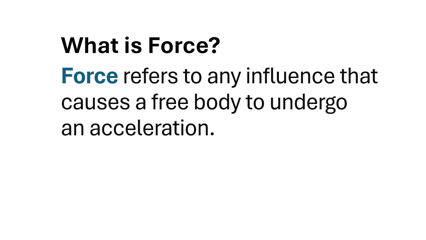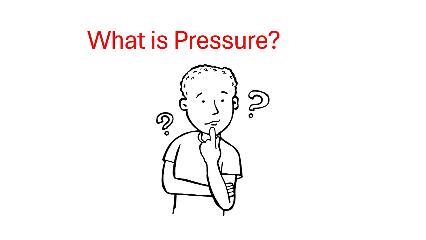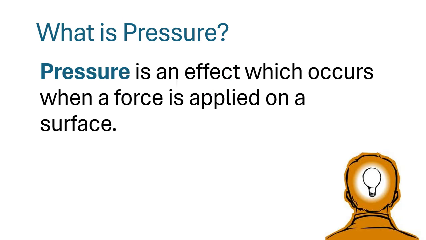But what is force? Based on our previous lesson, force refers to any influence that causes a free body to undergo an acceleration. Force can also be described by intuitive concepts such as push or pull that can cause an object with mass to change its velocity. But what is pressure?